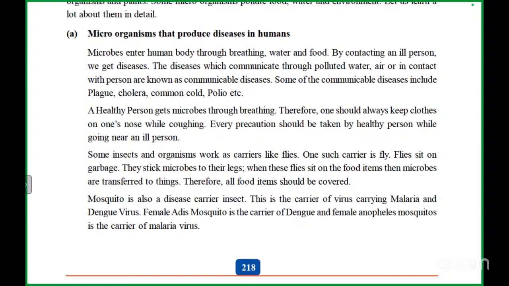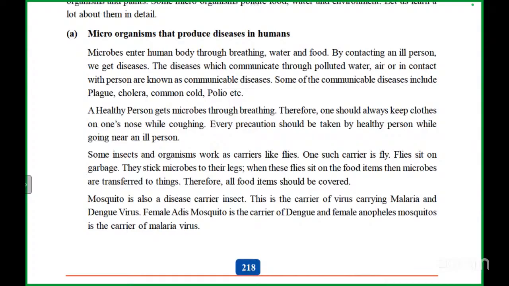In fact, there is a particular type of mosquito that, if it bites you, you will get dengue. Dengue and malaria viruses are carried by mosquitoes, and there are two particular types. Female Aedes mosquito carries dengue virus, and female Anopheles mosquito carries malaria.